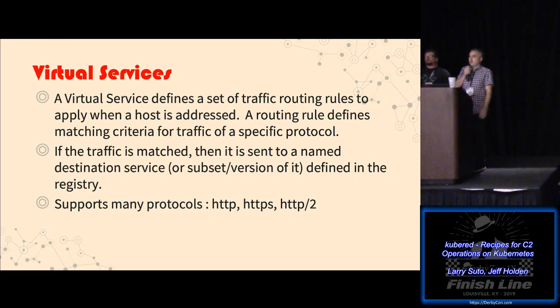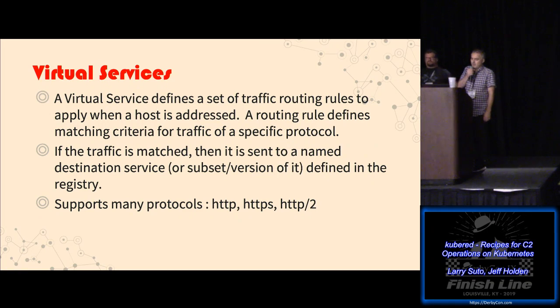And then the virtual service, as I mentioned before, defines the traffic routing rules to apply when the implant or beacon comes in. It's going to hit a host name, and then the virtual service will get notification of that, and it specifies the routing rules to access the actual running container. And in here you can do what we talked about in Nginx Ingress.